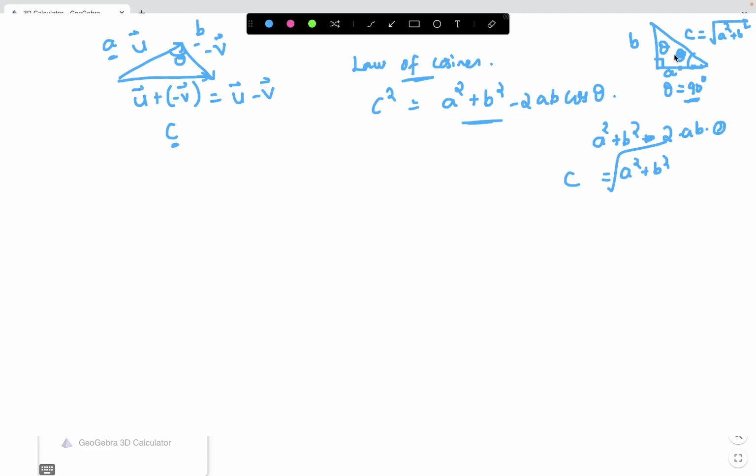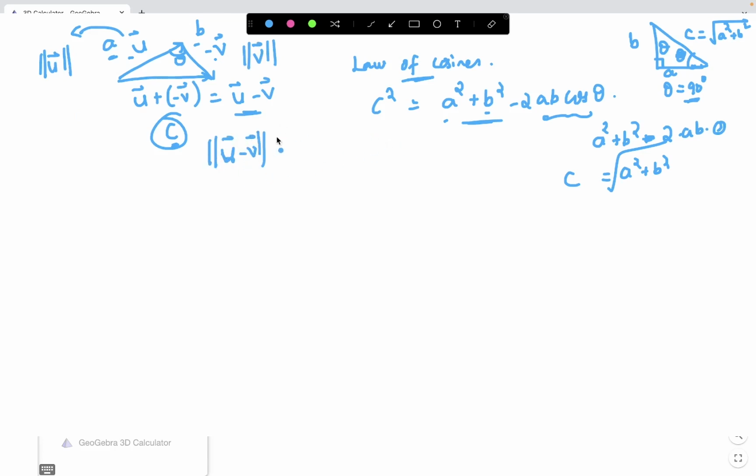If your theta is not 90, if both these vectors a and b are not perpendicular to each other, then obviously it will be replaced by minus 2ab cos theta, isn't it? Now we have c being represented by u minus v, a being represented by vector u, and b being represented by vector v. So the magnitudes are the magnitude of u, the magnitude of v, and of course the magnitude of u minus v.